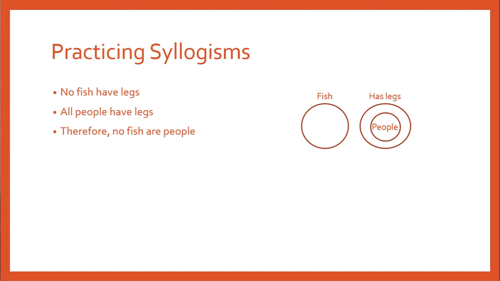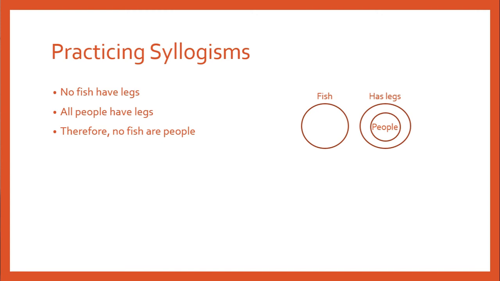So, to make sure that this is true, we need to make sure that the fish circle is completely separate from the people circle. And we need to make sure that there's no way for the people circle and the fish circle to touch, while still respecting our first two premises. So fish cannot touch the leg circle, and people have to be completely inside the leg circle.